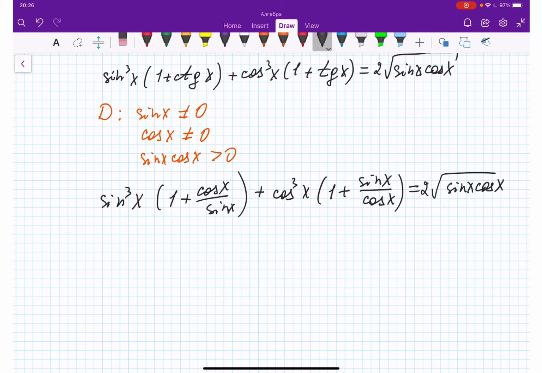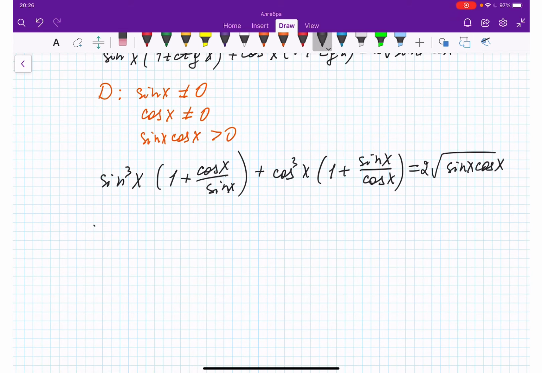Next, sine cubed x, I'm going to bring the parenthesis to a common denominator. We need to get rid of the parenthesis, so it's going to be sine x plus cosine x over sine x, right?